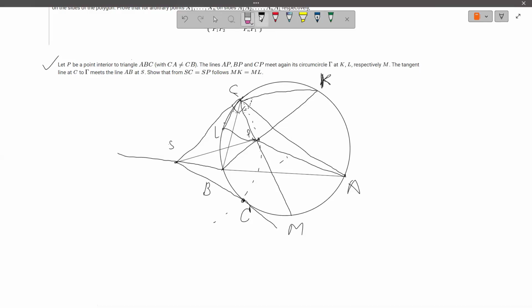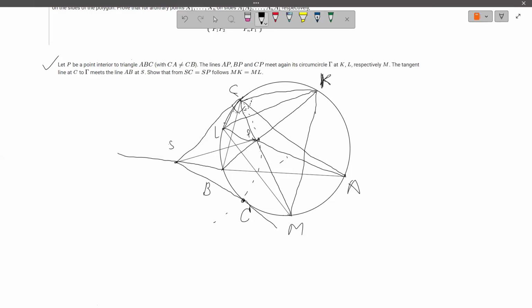Yeah, so I will also draw these lines for sanity. Okay, I see why. I just drew them for the completeness of the diagram. Angle SCM is equal to angle CKM, right?